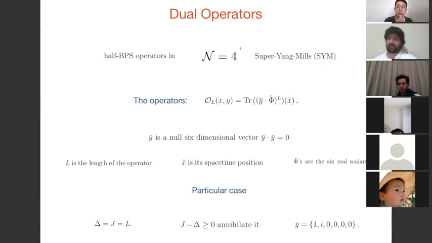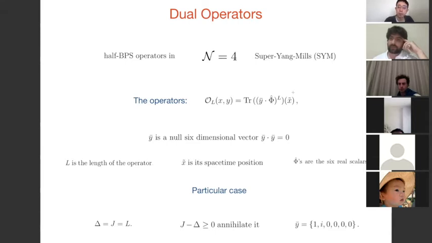If you talk about half BPS operators in super-Yang-Mills, they have this form, where Y here is a null vector, a 6-dimensional null vector, contracted with phi hat, the 6 scalars of N=4. L is basically the length of the operator, and x tilde will be some position.